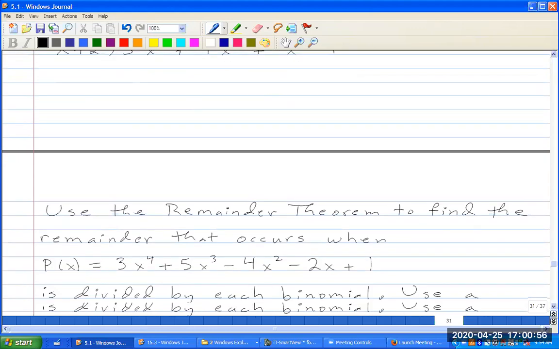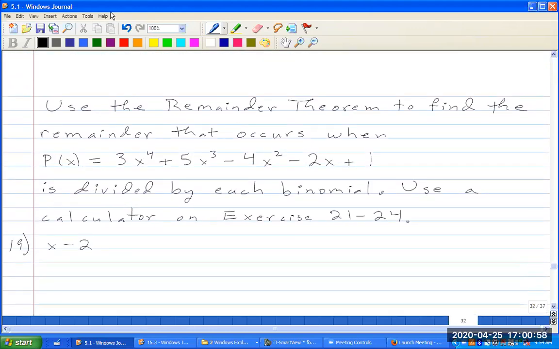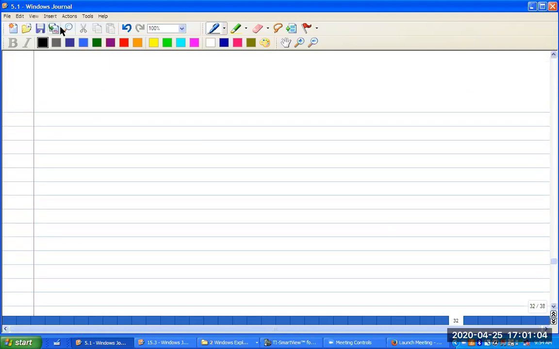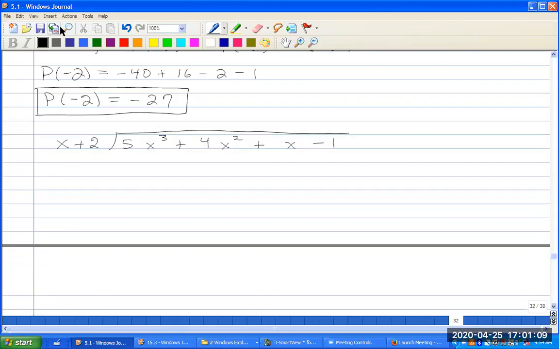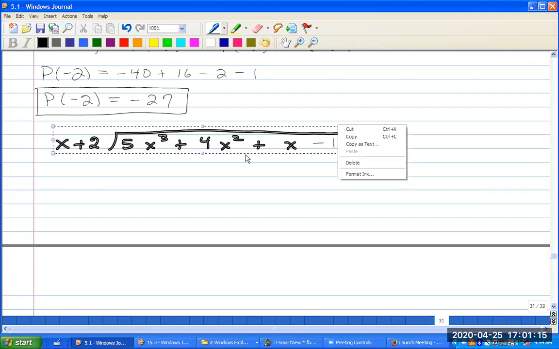Hope I have enough room. Let me insert a new page so there's enough room. Maybe what I'll do is, actually, let me move it down.